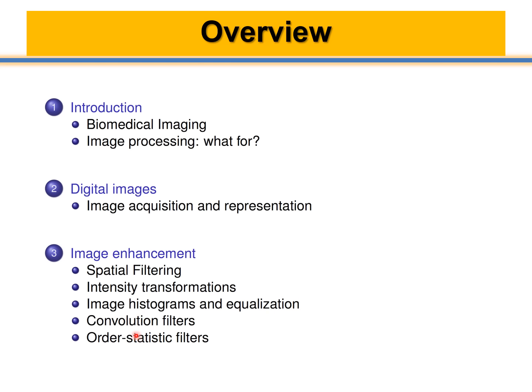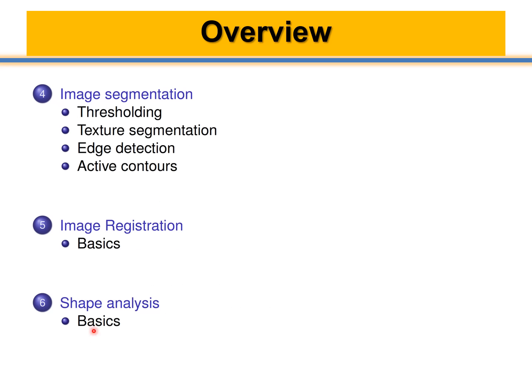Next time we meet, we're going to do the convolution filters and the order statistic filters and do the segmentation, because this is another important thing for us as biomedical engineers. How can we do texture segmentation? So let's say you want to identify a tumor cell from a normal cell, from an image from an inverted microscope, and edge detection to count cells and do active contours of cells.